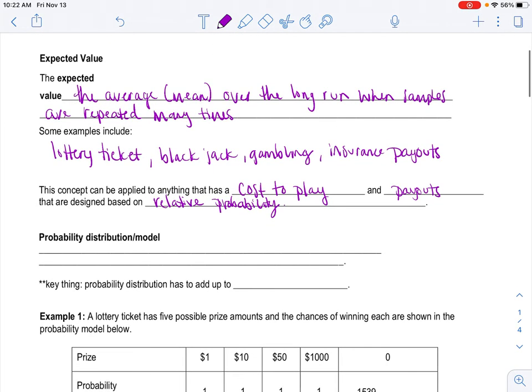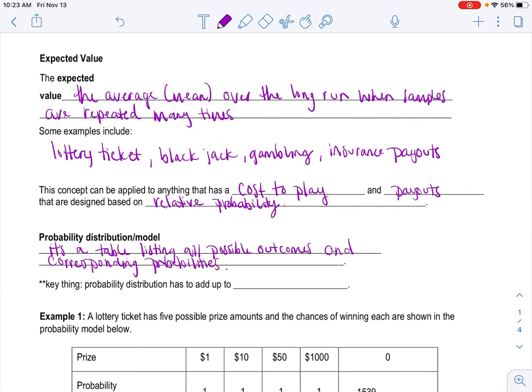There's one thing you need to know, another definition: the probability distribution, or I could call it the probability model. And that's what we're going to be looking at throughout this entire unit. So what it is, it's a table listing all possible outcomes and their corresponding probabilities.